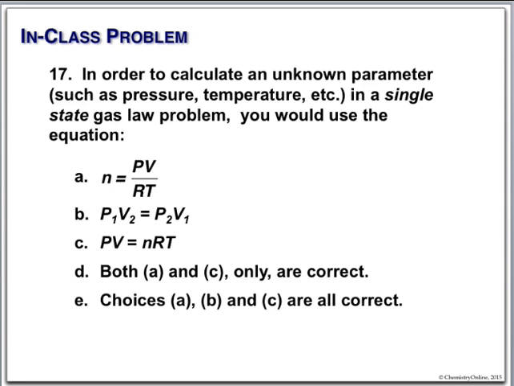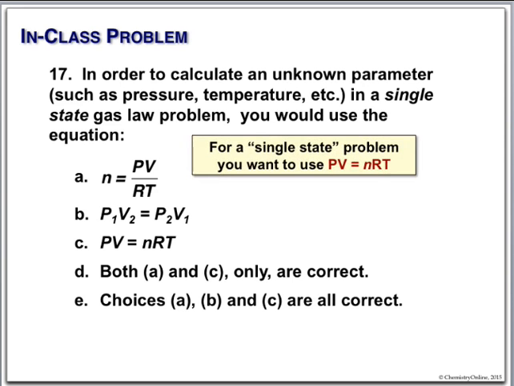What we say is, in a single state, you want to use the equation PV equals nRT. So as soon as you read single state, in your mind, the little rhyme should go off, PV equals nRT.